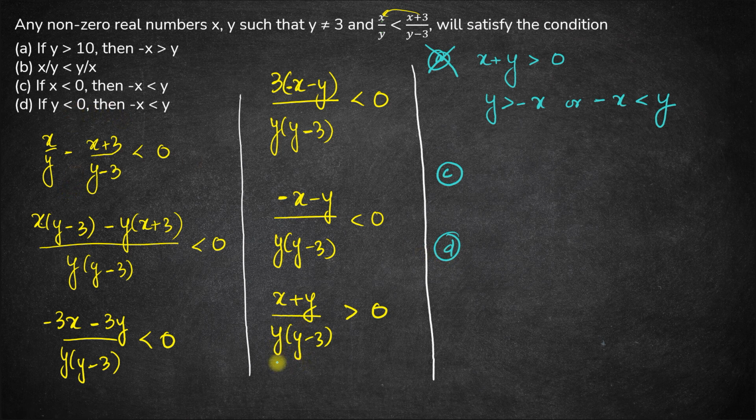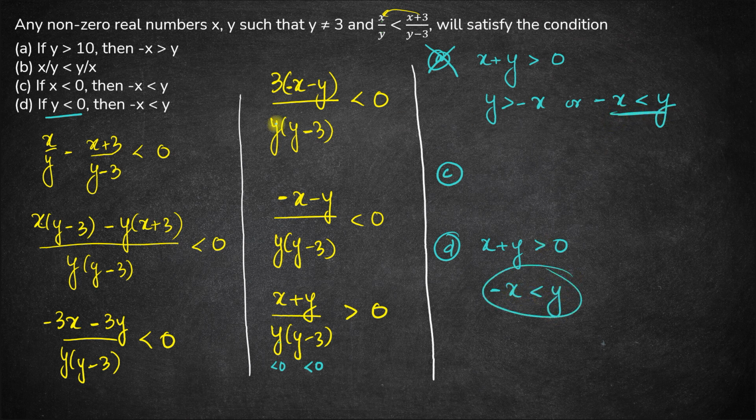Now if y is less than 0, y is negative and y minus 3 will also be negative. So negative into negative will become positive. So hence the denominator is positive. If y is less than 0, the denominator is positive, and for the whole ratio to be greater than 0, the numerator x plus y should also be positive. Right? So from here we'll get that minus x is less than y.